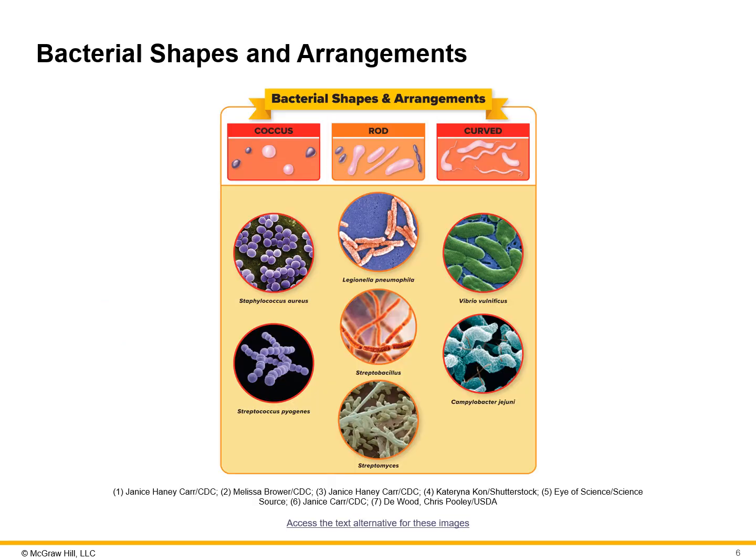So this is showing the coccus here, the rod-shaped, our rods or bacillus, and then some of the more curved and some of the variations. A lot of times this is used in the naming, so like Staphylococcus tells us that these are going to be circles.